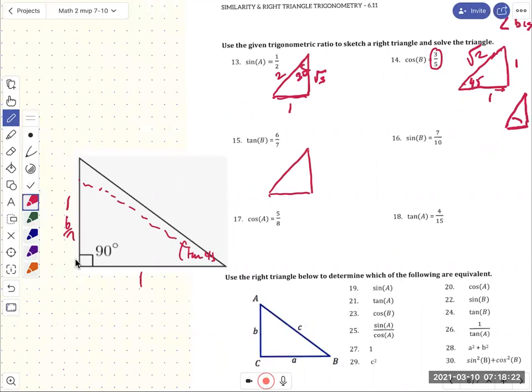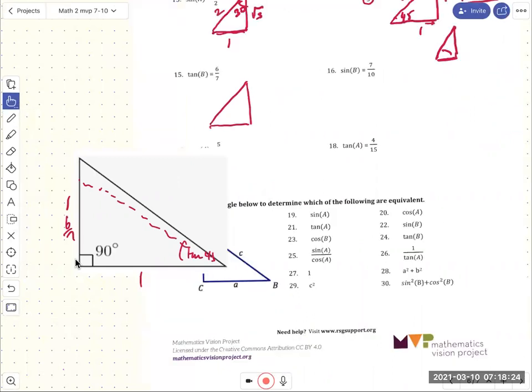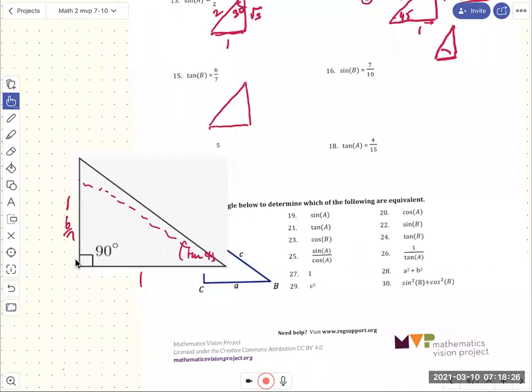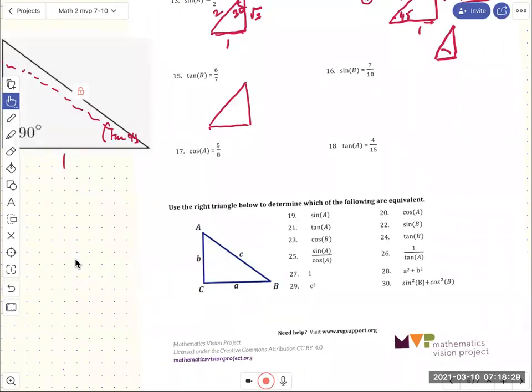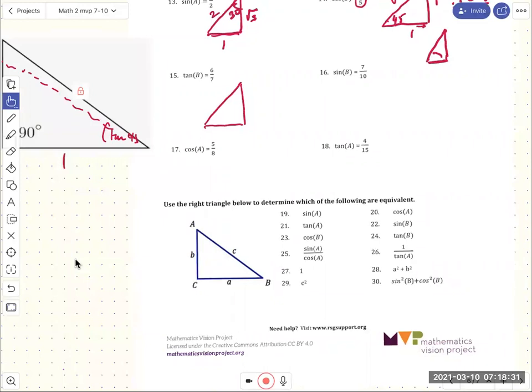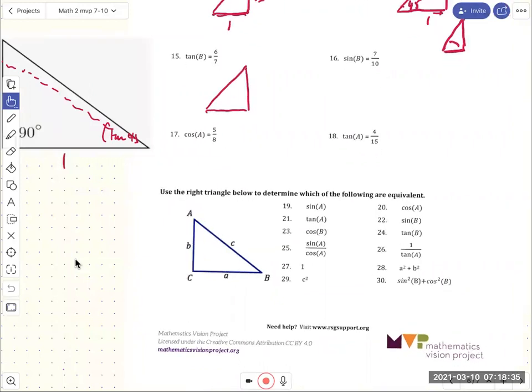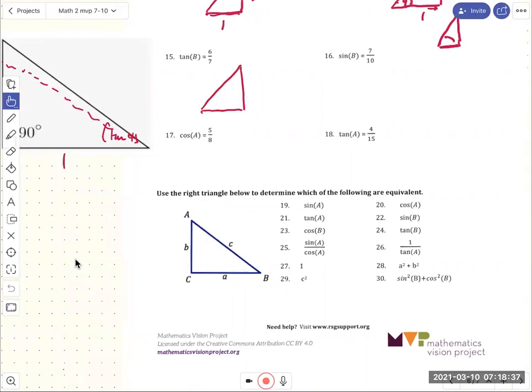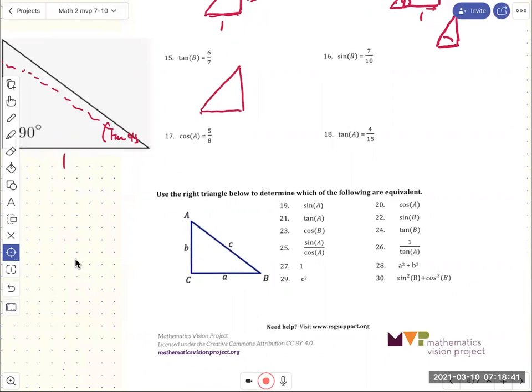What I wanted to look at was down here. We want to say what's equivalent. This is a really useful thing to get. All of these are really useful, but what is sine of A?